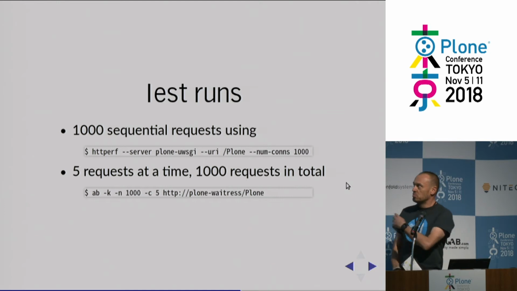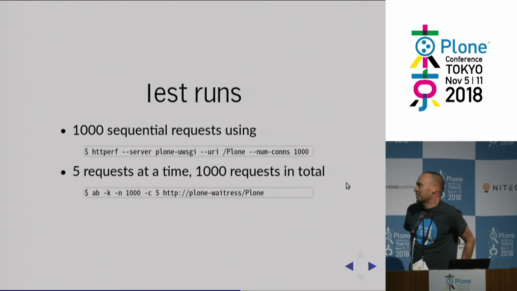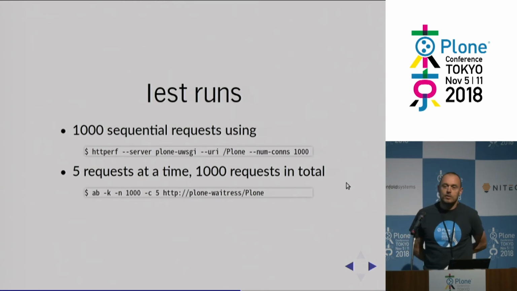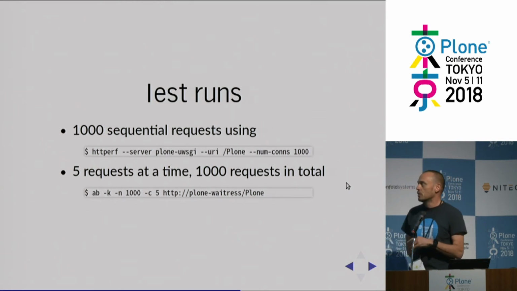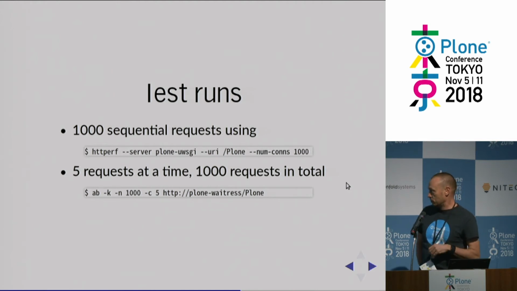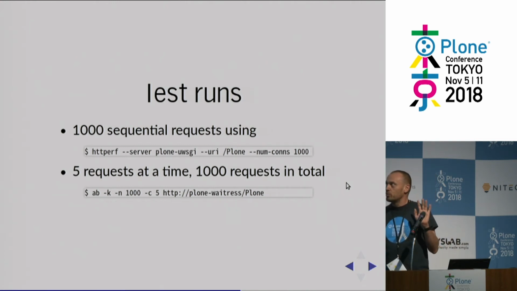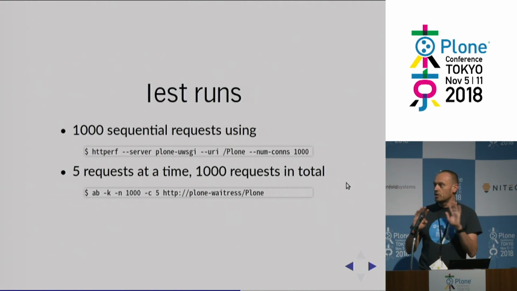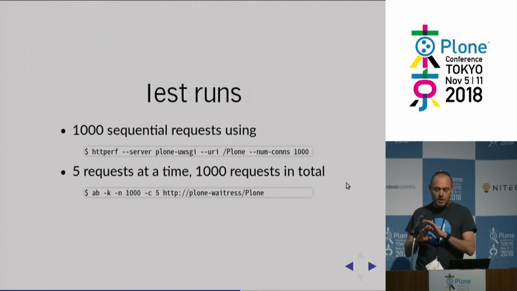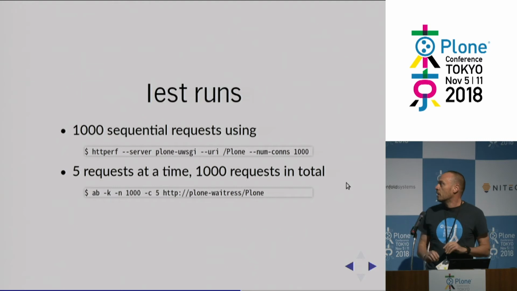And I was using good old httperf and Apache Benchmark for just putting some load on those setups. So disclaimer, this is in no way representative, and what you're going to see now is not a recommendation for any of those setups. It's just I wanted to try it out and I wanted to share. So first, 1,000 sequential requests using httperf.